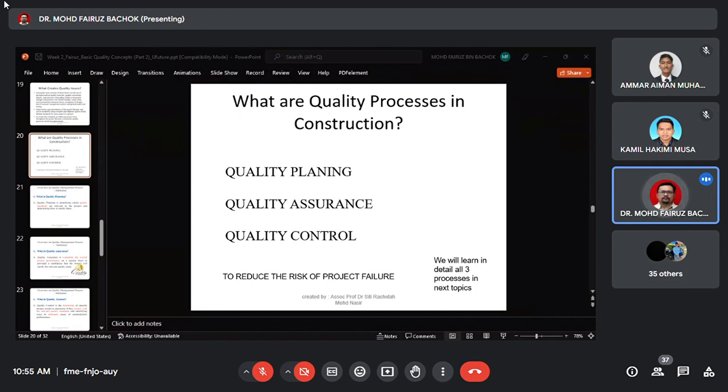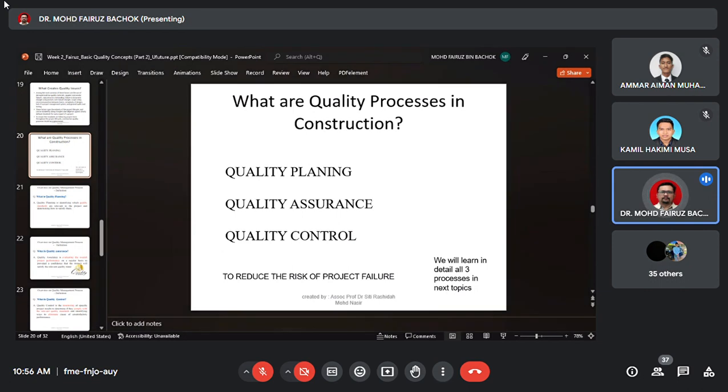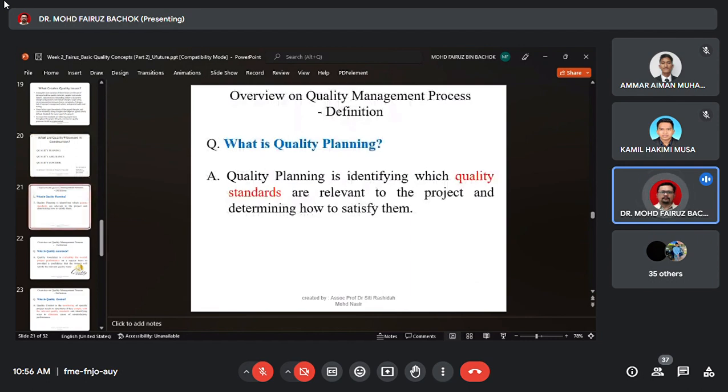If you implement all these three processes, it can reduce the risk of project failure and produce a quality construction. Okay. So what is the quality planning?